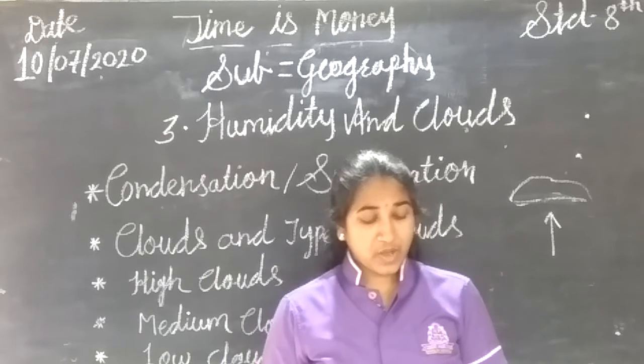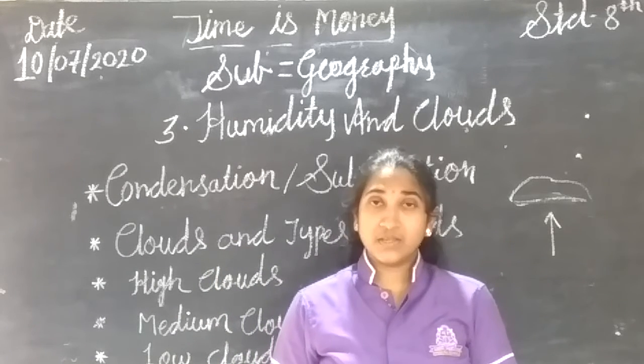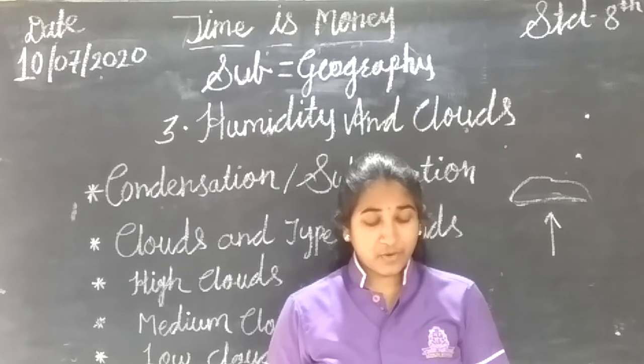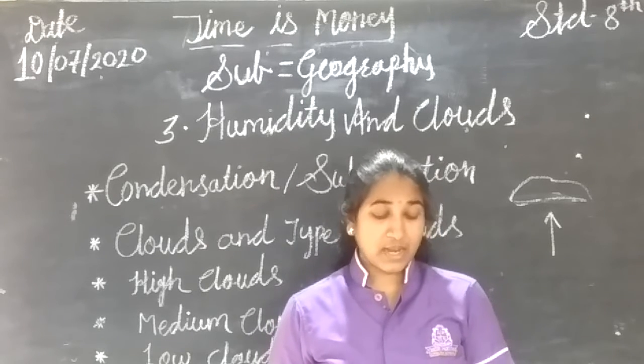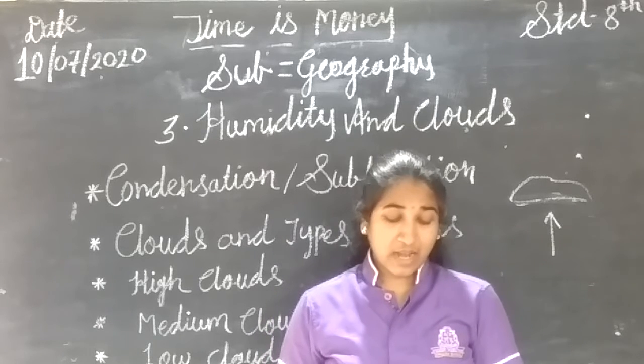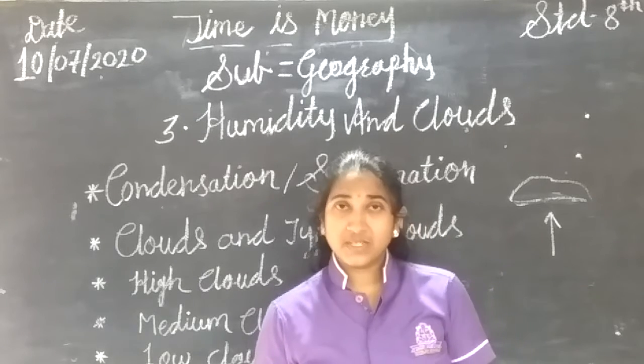The proportion of vapor is more near the earth's surface. As we go higher away from sea level, the amount of vapor decreases. Hence, the clouds at lower altitude are larger in size, while the clouds at higher altitude are smaller.